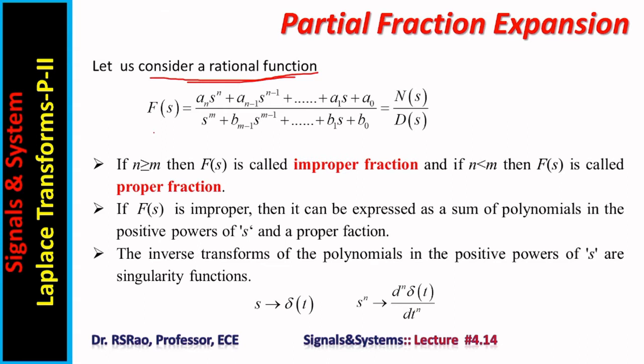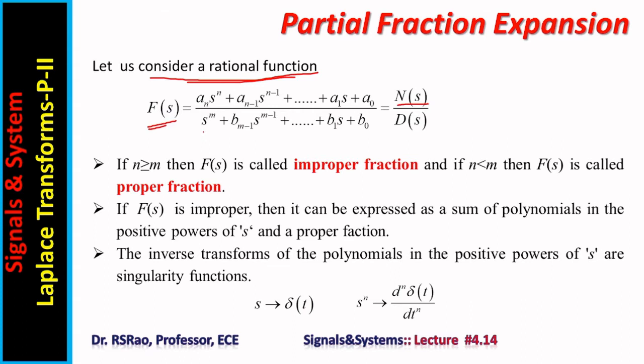Here we consider a rational function F of s equal to a n s power n plus a n minus 1 s power n minus 1 plus etc. plus a1 s plus a naught. This is an nth order polynomial, the numerator polynomial. It is named as N of s. In the denominator, we have another polynomial.